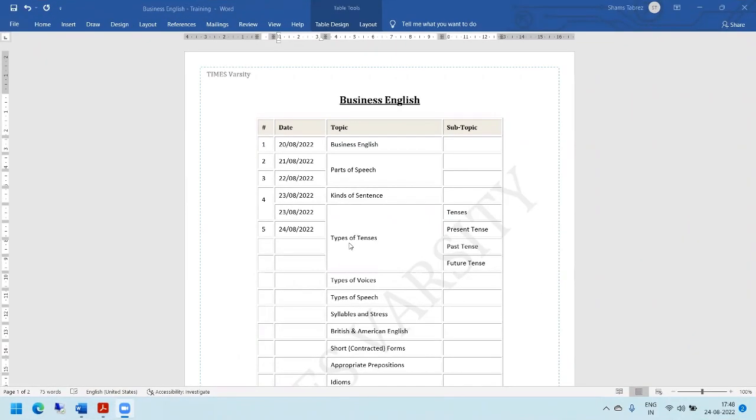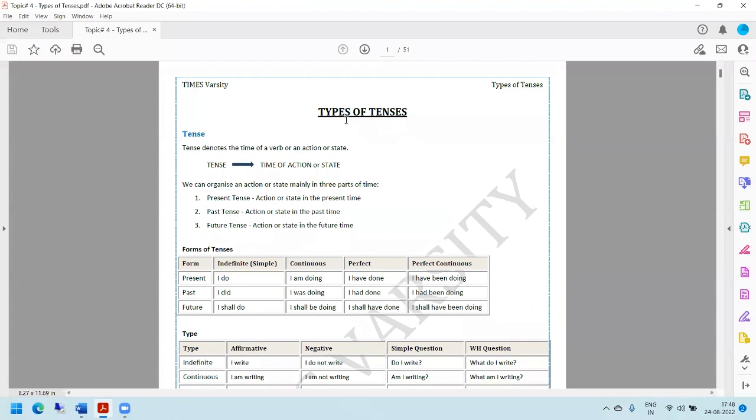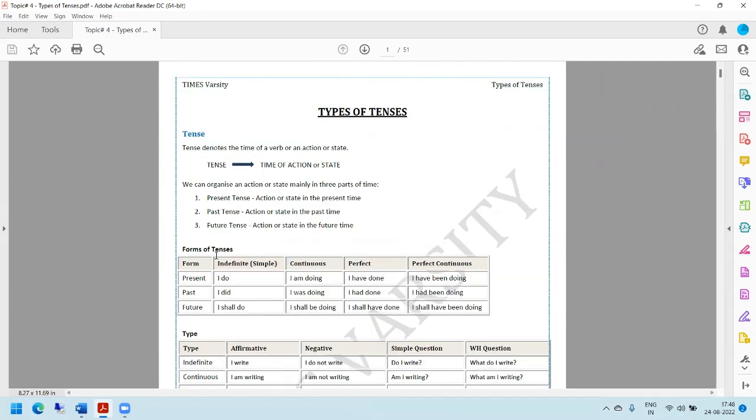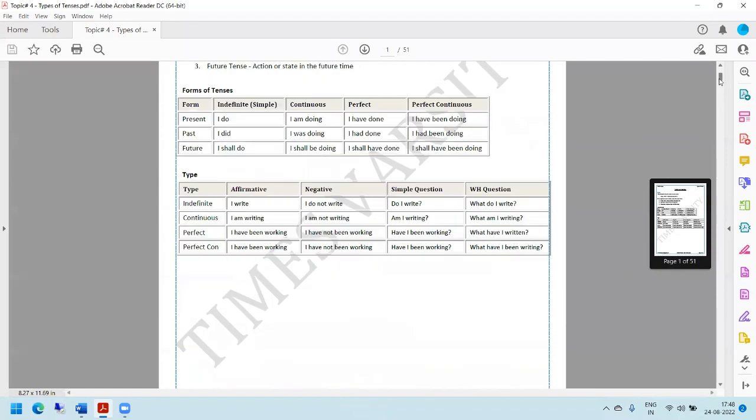In this session, we will be discussing present tense. In our last session, we started our new topic, types of tenses. And there we discussed forms of tenses, and in each form, different types of sentences, like affirmative.